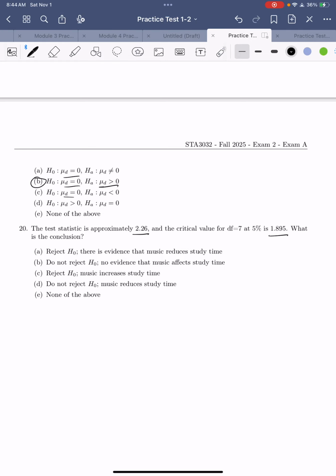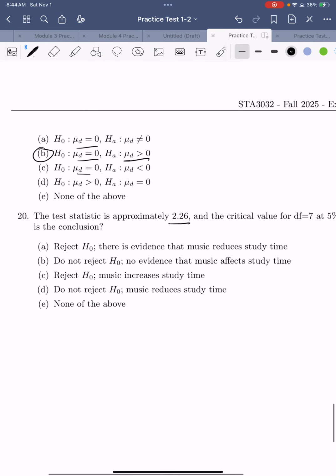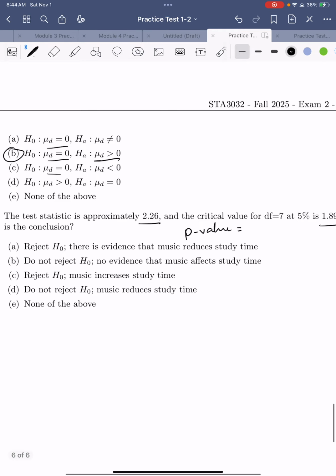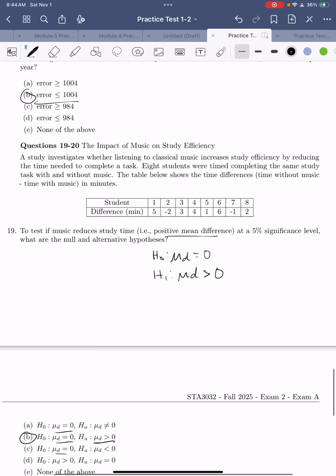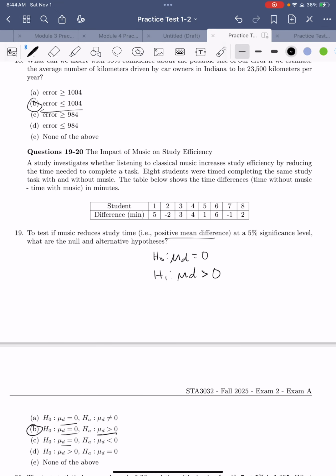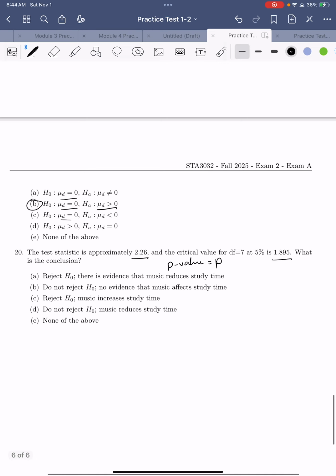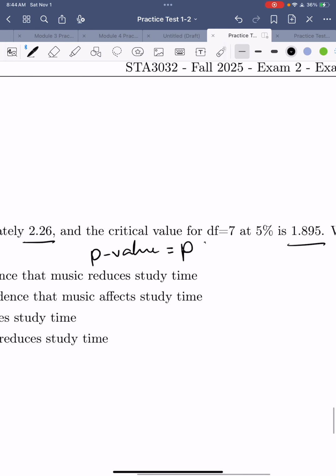I prefer looking at the p-values usually, so we can do that first. But you can also solve it the other way. So our p-value is going to be equal to the probability that our test statistic, and since our sample is so small, we're probably using a t-test statistic.